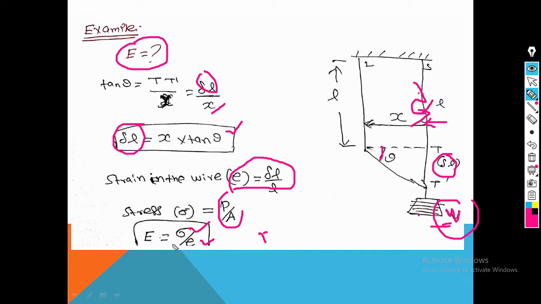Then find the ratio sigma divided by strain. If you know the stress and strain values, you can find the Young's modulus.